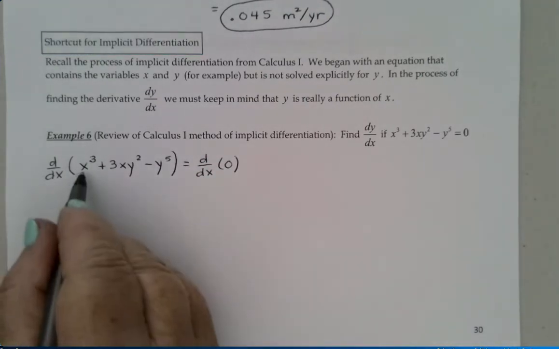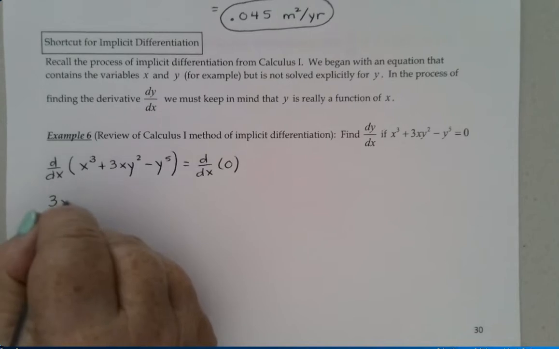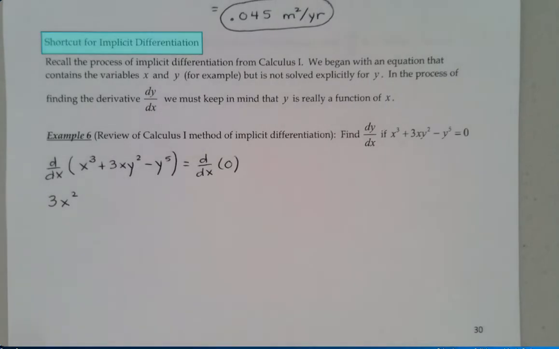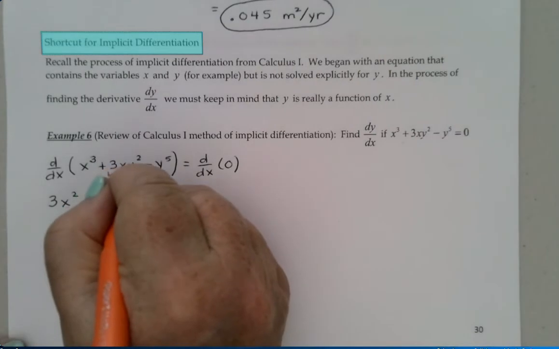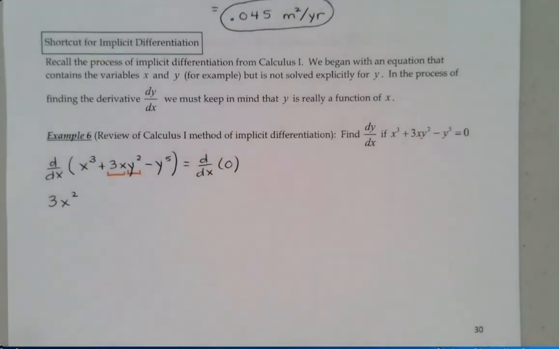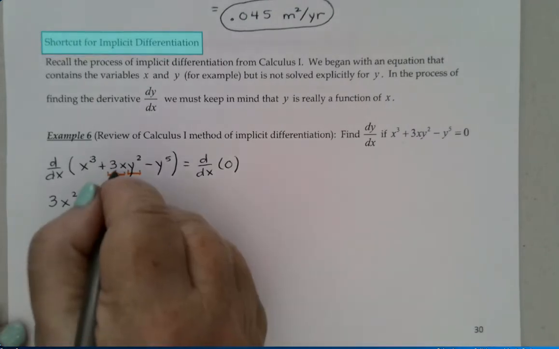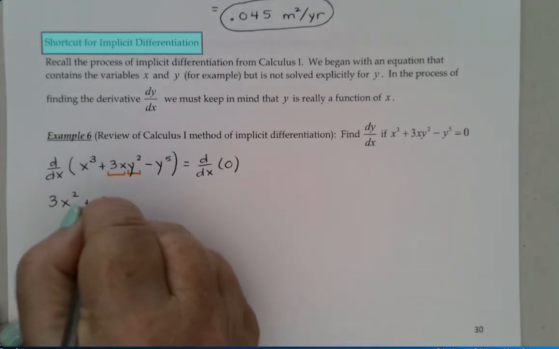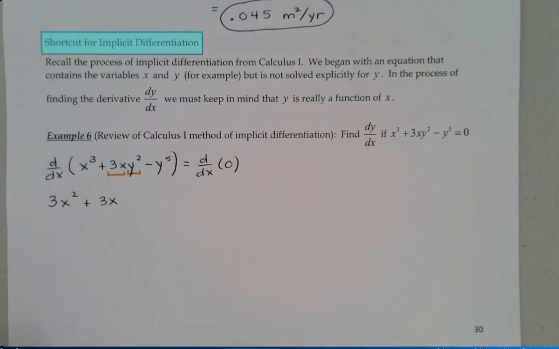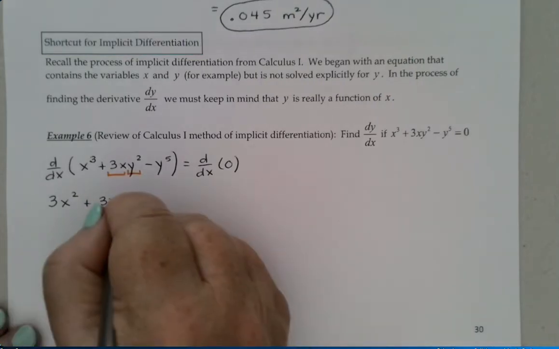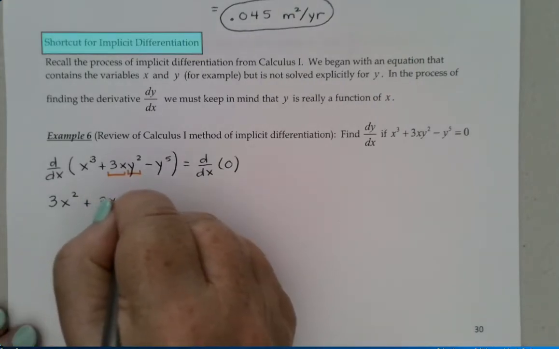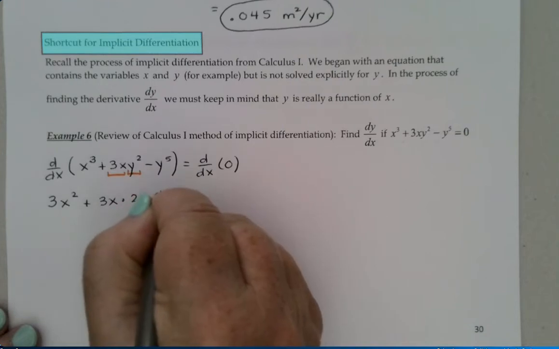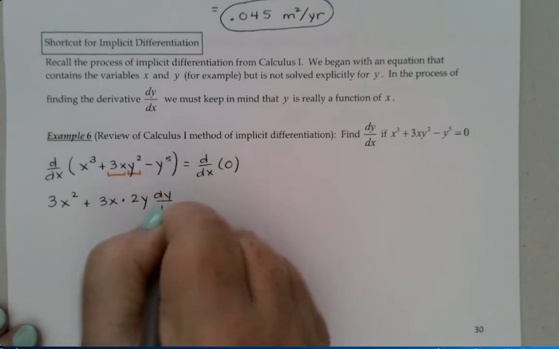All right, starts out simple enough, 3x squared. But right here, I have to treat this as a product: 3x times y squared. So I'm going to get the first, 3x, times the derivative of the second, 2y dy/dx.